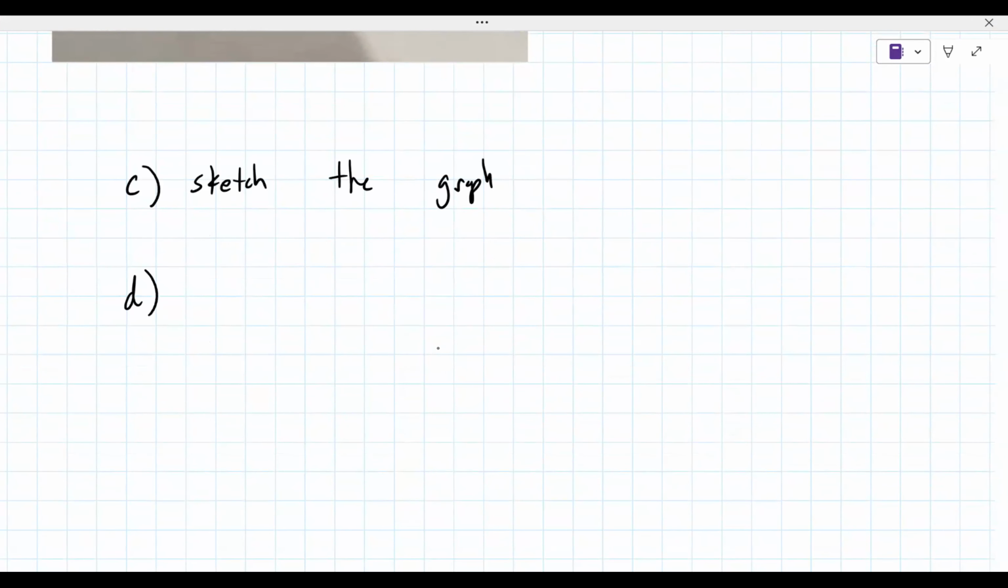Part D says to write f of x in terms of g of x. So I'm going to just give this to you. G of x is x minus 8. We'll worry about this later on. But let's just have you write this down for letter D, and then we'll move on to the next question.